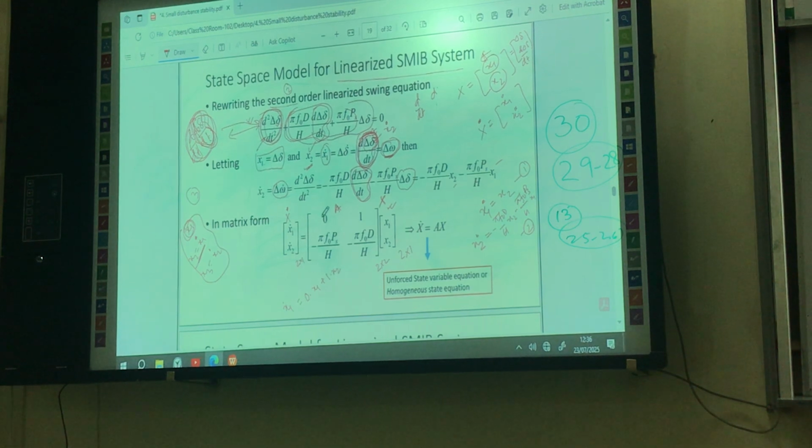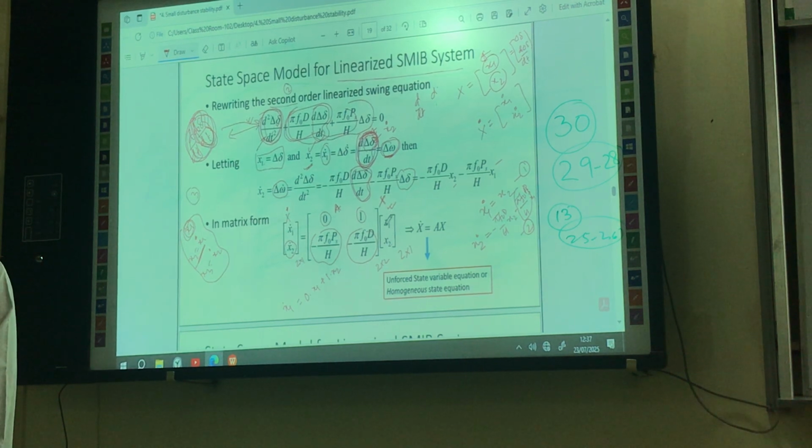That's why there is 0 and there is 1 here, okay? And for the x2 dot, look, this multiplied by x1, so this second term is here, and this multiplied by x2, so this d term is here, that will be multiplied by this x2, and you will get the x2 dot, okay? Have you got the idea?